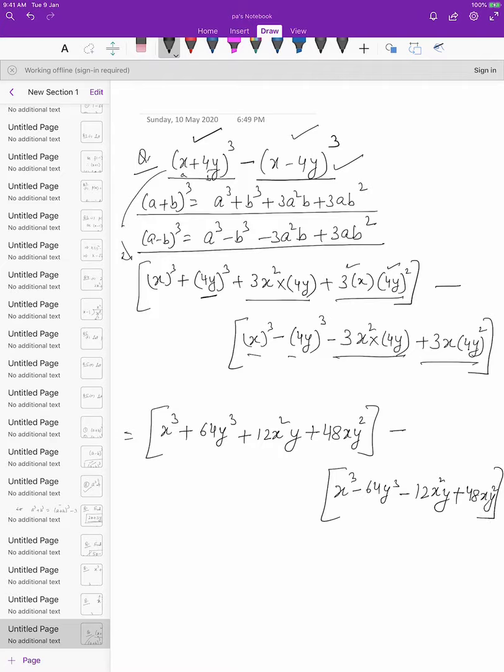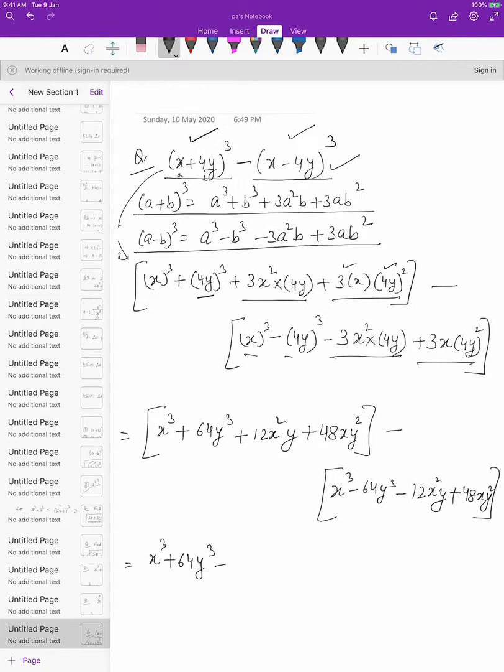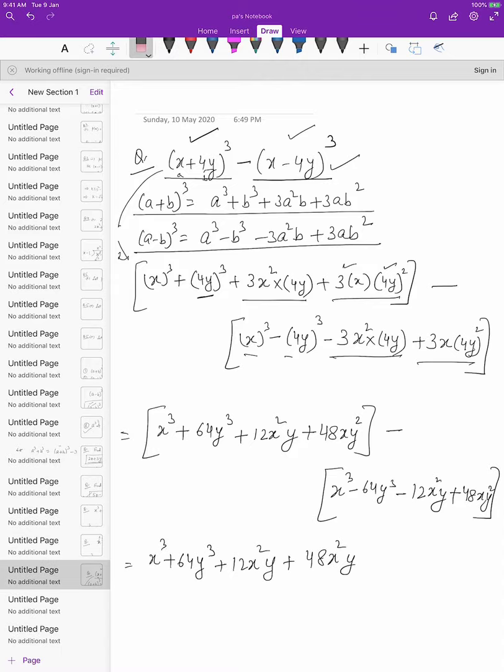Now let's open out both the brackets. x cube plus 64y cube plus 12x square y plus 48xy square. I'm sorry, it should be 48xy square.